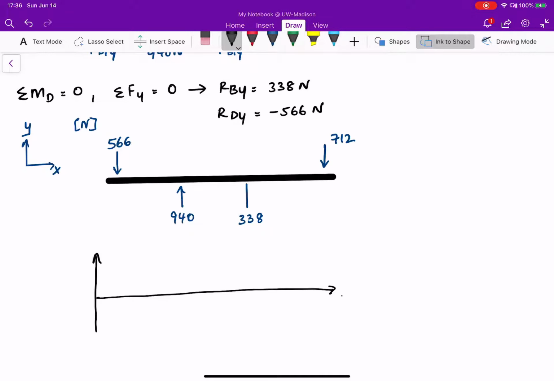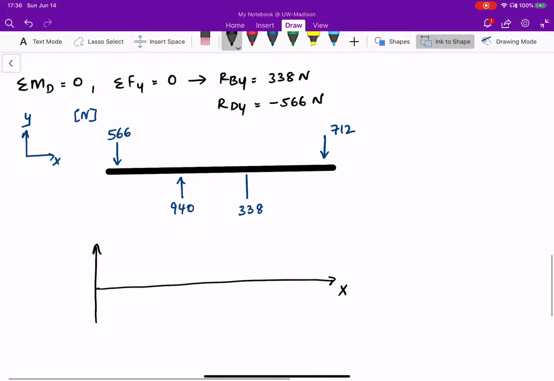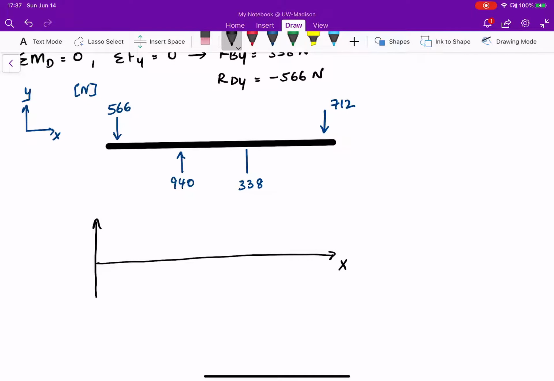Right, so this is as we go along in the X. And let's put this in newtons. Now, the traditional way to do this, as we learned in 306, was, okay, let's take the first section until the next force. We have 566, and by convention, we draw V pointing downwards.